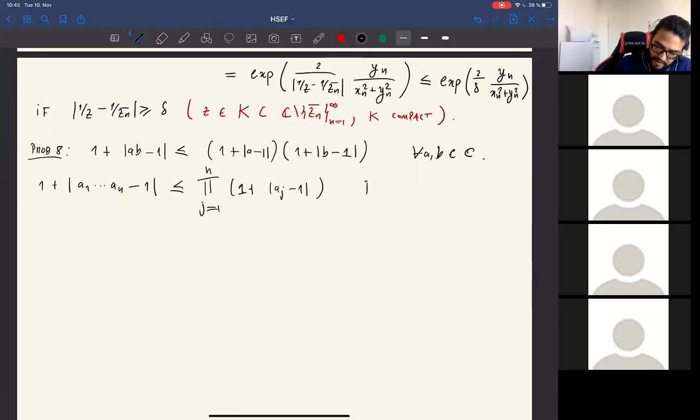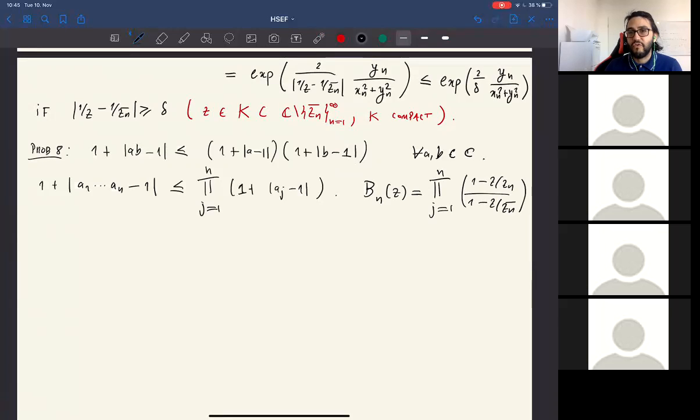So now we can define Bn of z as the product from j equals 1 to n of 1 minus z over zj and 1 minus z over zj bar. And I want to show that these guys converge uniformly in sets which are at a positive distance from the conjugates of the zeros. That's what we want to show.